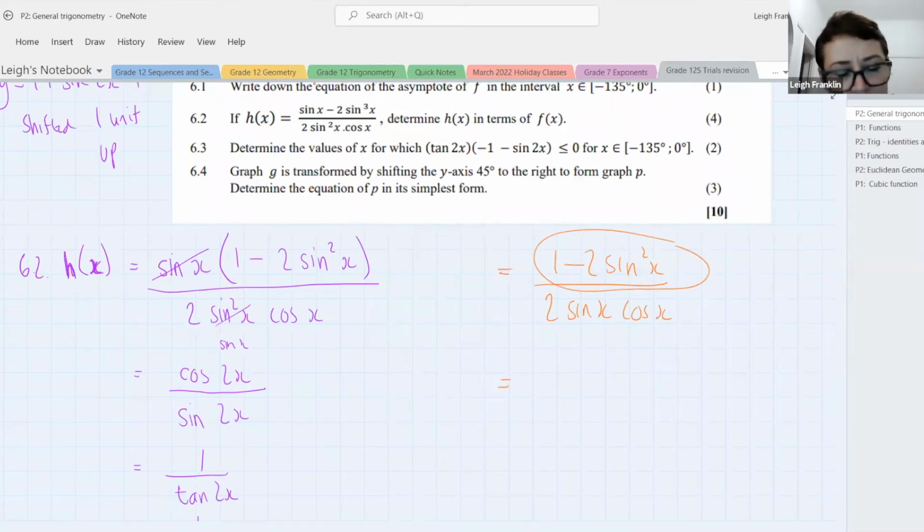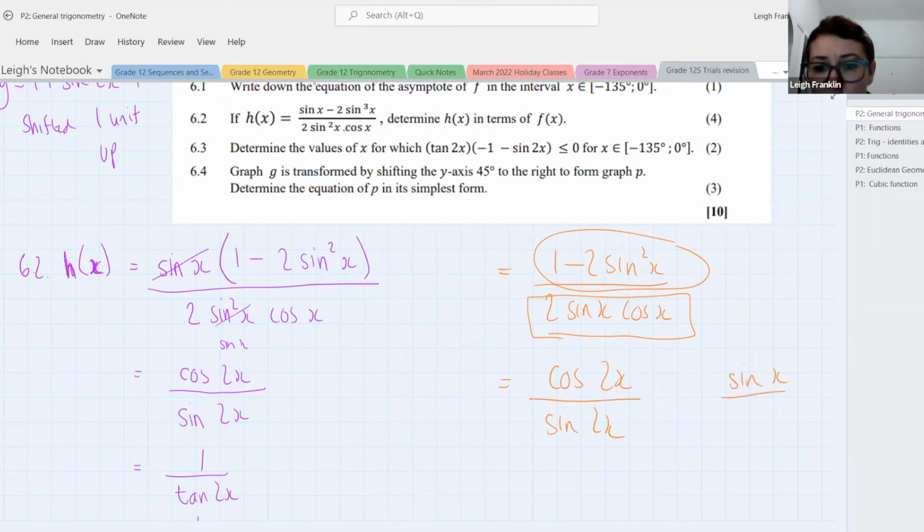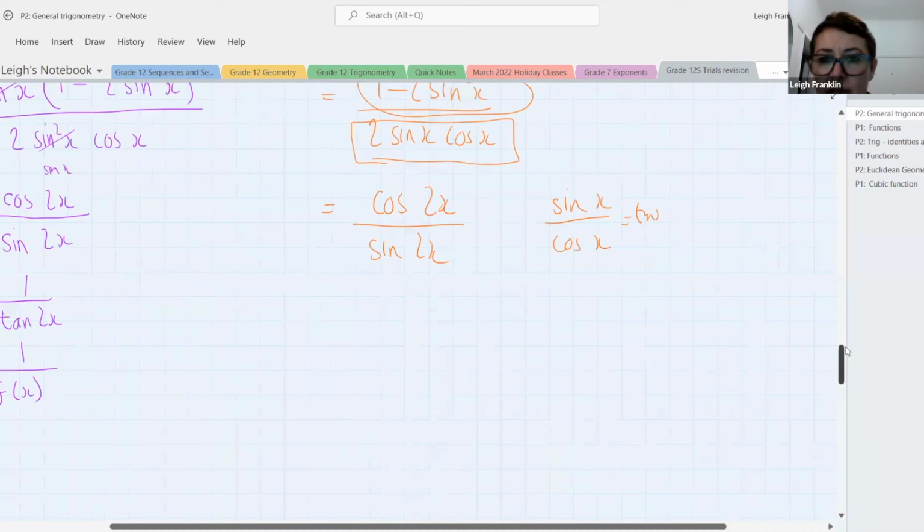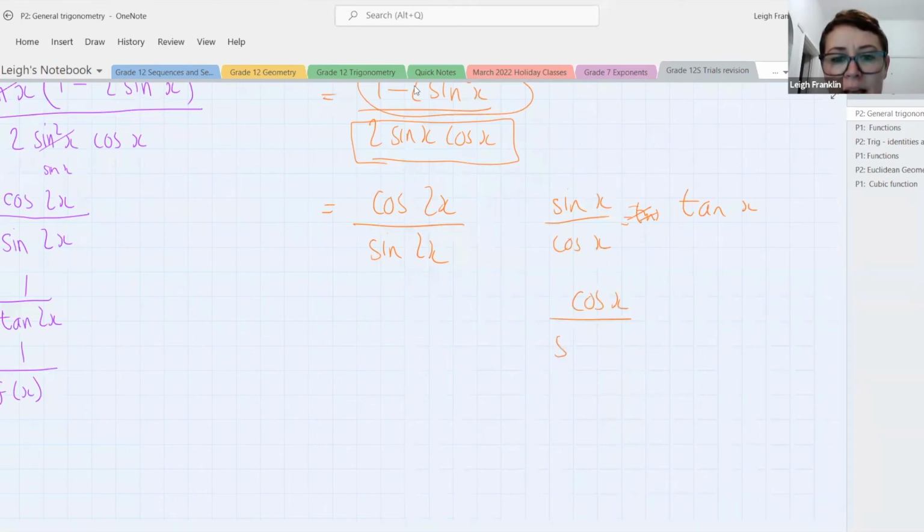This is a cosine double angle identity. So it's cos 2x. This is also a double angle identity. It is sine 2x. Now, guys, sine x over cos x is tan x, isn't it? So if you put cos x at the top and sine x at the bottom, it becomes 1 over tan x. Okay, it's the reciprocal.